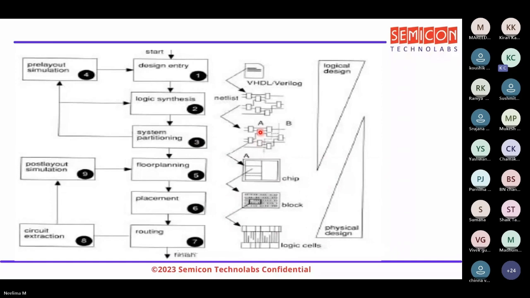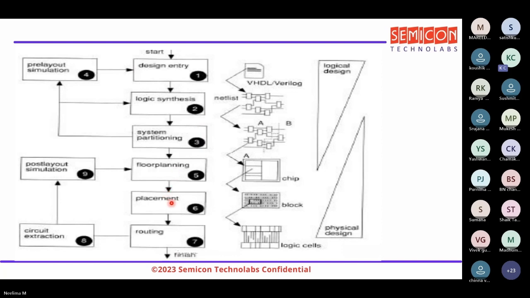As you can see on the right side, these smaller boxes, like box A, are the smaller blocks out of the bigger top-level design. This is called partitioning. Then we go to pre-layout simulation. If it is passing, then we go to step number 5, floor plan. If it is not passing, then we have to repeat steps 1, 2, 3.